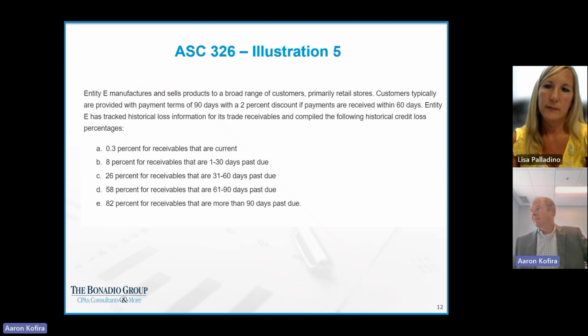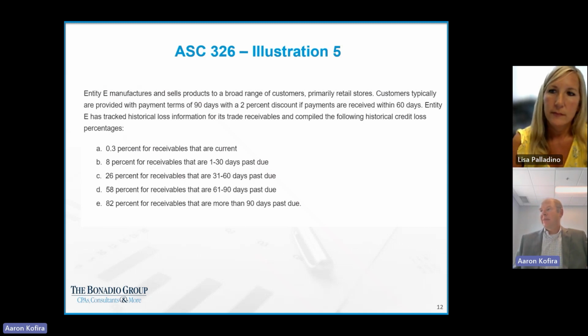It looks at a manufacturer that sells to a broad range of customers, mainly retail. They've gone through and done a historical analysis and said, this is the percentage of receivables, and where they are in the aging cycle, that will become uncollectible. So obviously it's more heavily weighted to the back end: a higher percentage of those over 90 days are not going to be collected, compared to something that we just sold today.